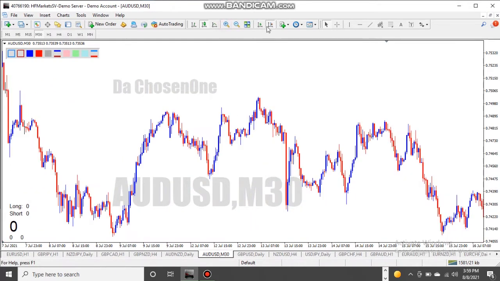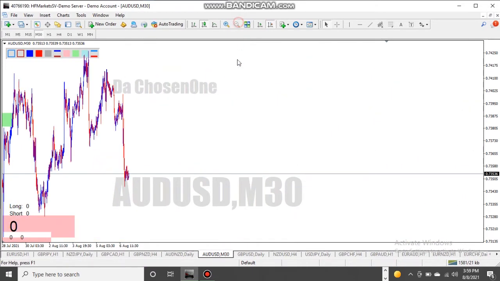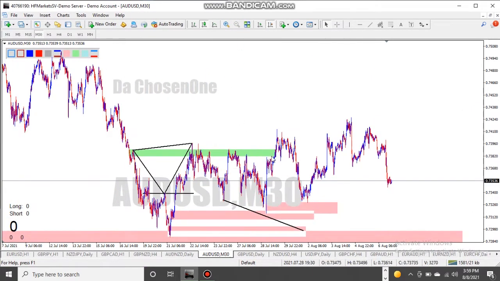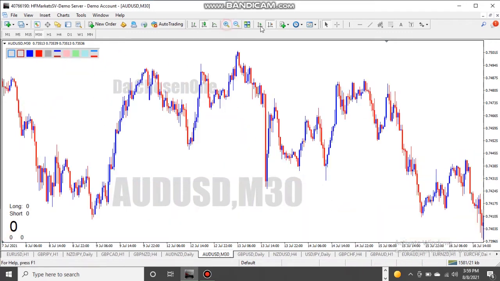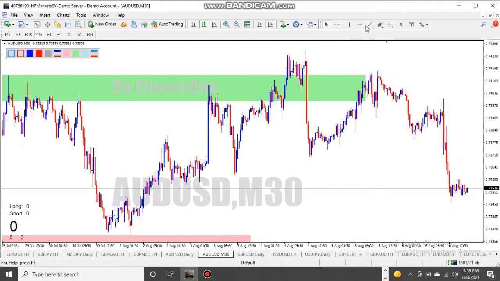So price now created a new high over here. In creating a new high, engulfing that supply, it created a buy setup called a Tuarefel.